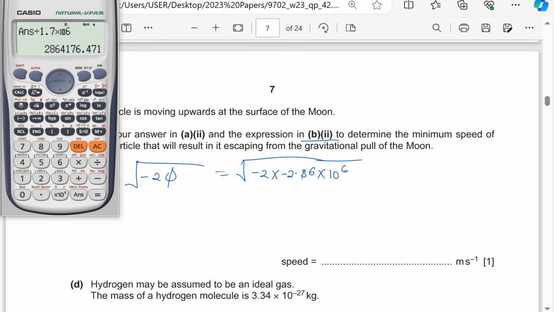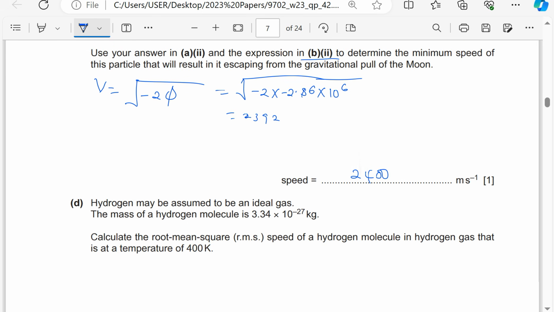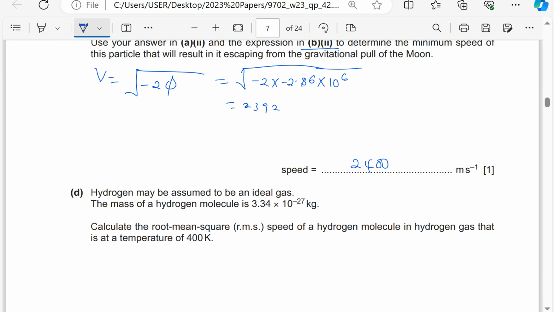I'll press my calculator. I have 2391.6, so this is 2392, or I can write approximately 2400 meters per second to two significant figures.